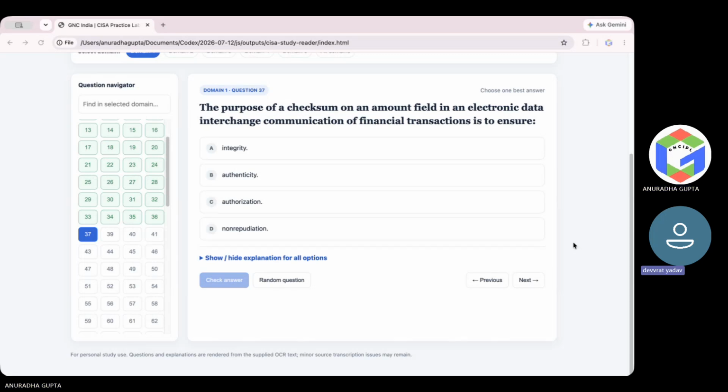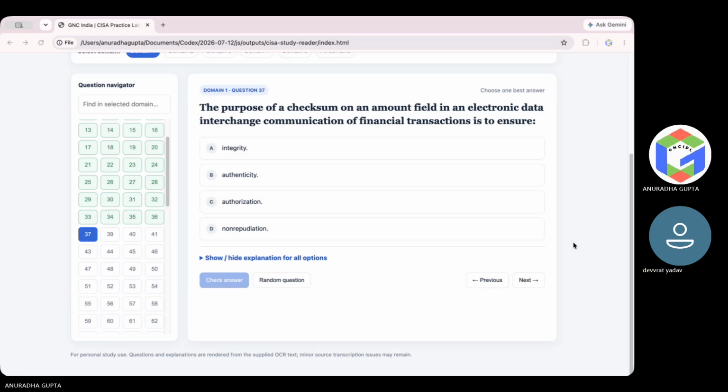You can relate it with any real time financial example, and then also you will get the answer.